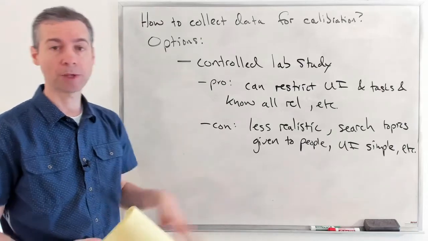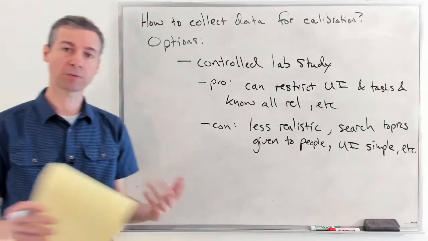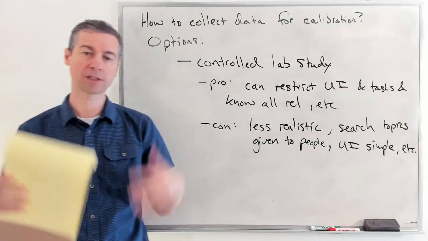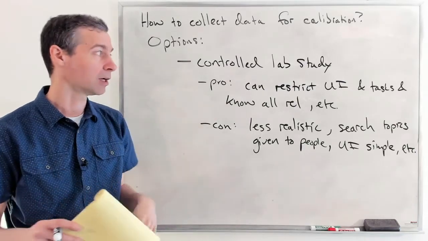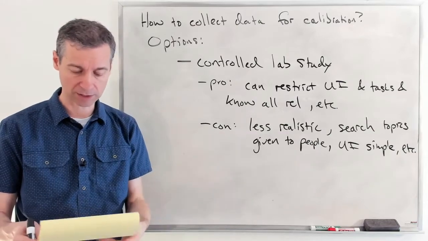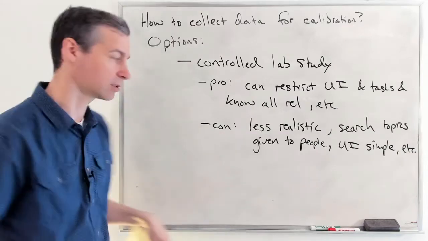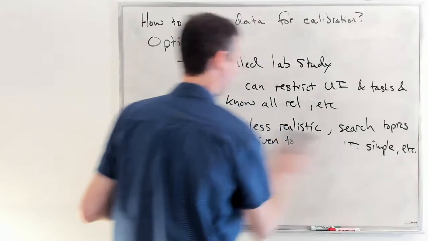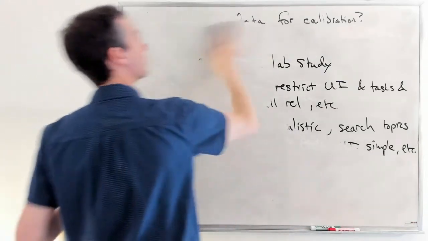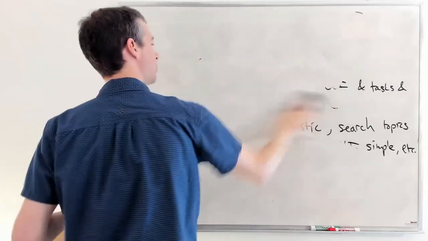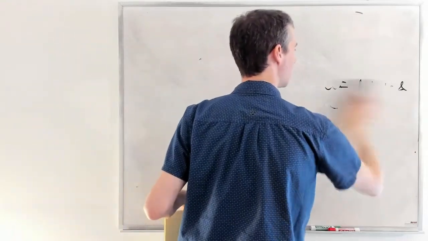And we've seen, by the way, both of these done. We've got research papers where people have extracted data from live search engines and used those to calibrate models, and we have controlled lab studies. What I'll talk about today is actually a controlled lab study that I conducted with CP Jethani back in 2010.